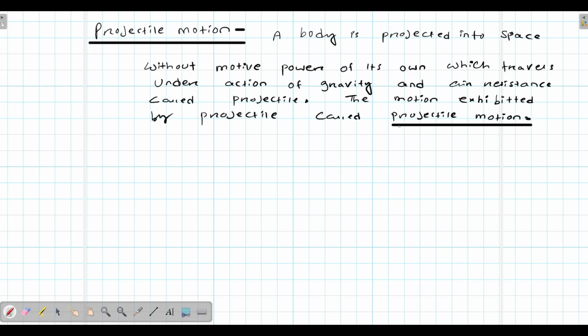So different types of projectile motion are there.